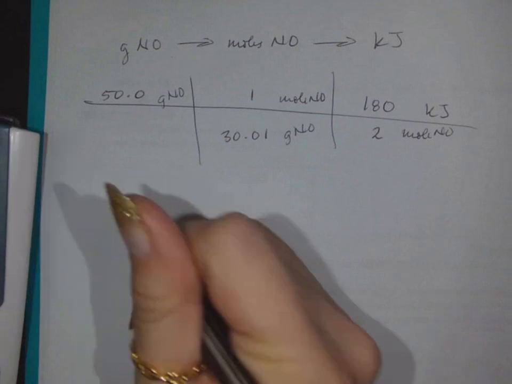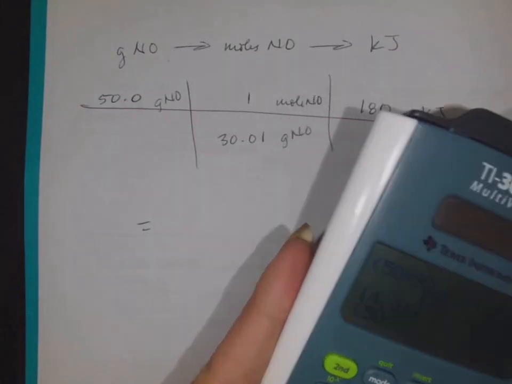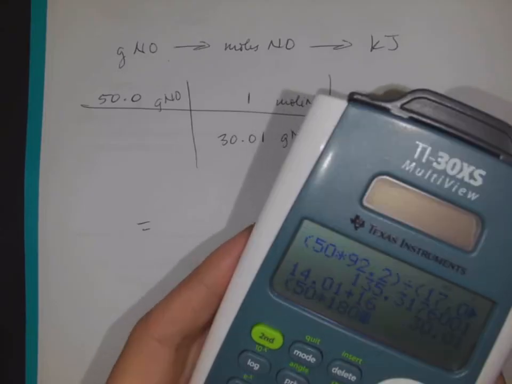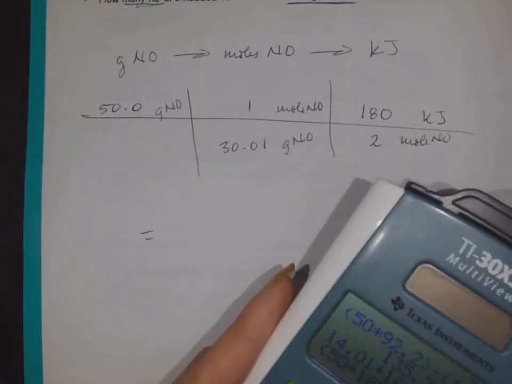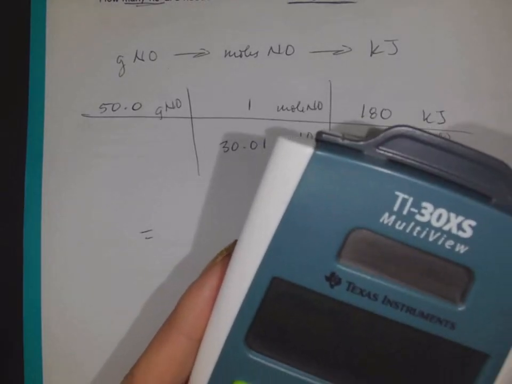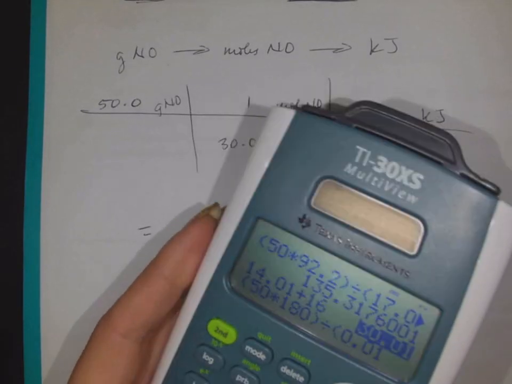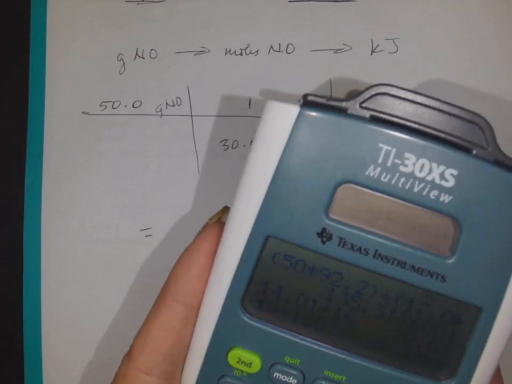All right, I'm going to plug this in. So parentheses 50 grams times by 1 times by 180 divided by the 30 number times by 2. Oh, I need a parentheses. 30 number times by 2.